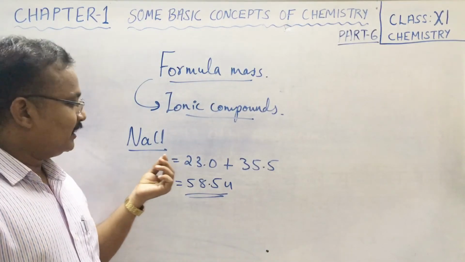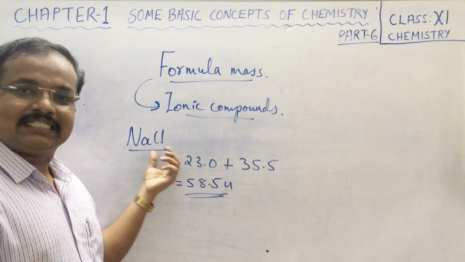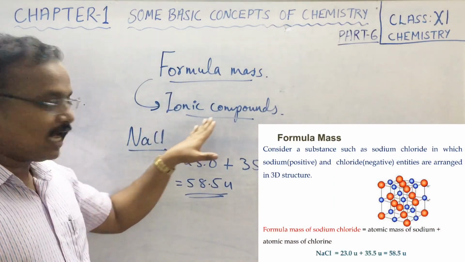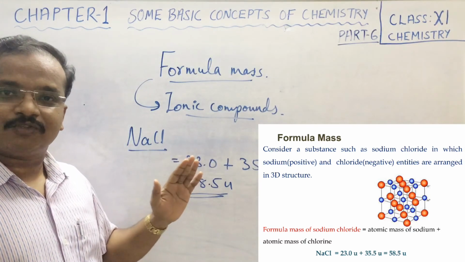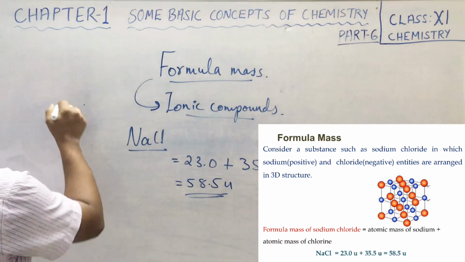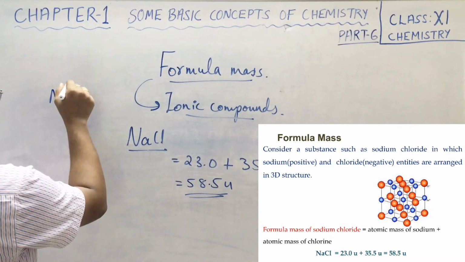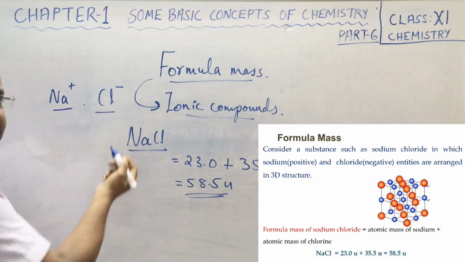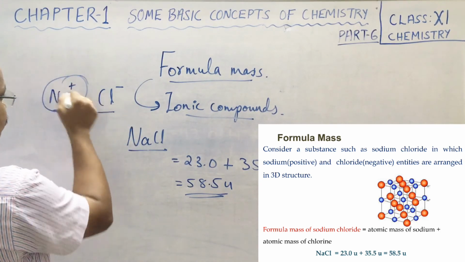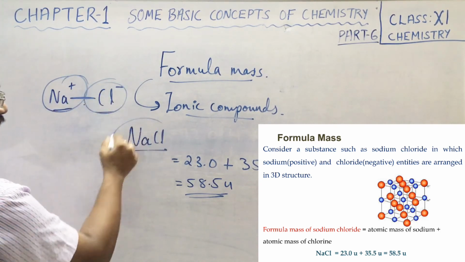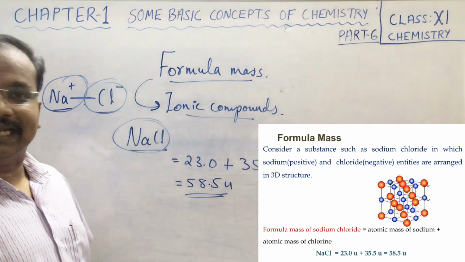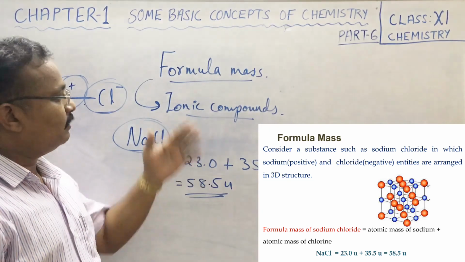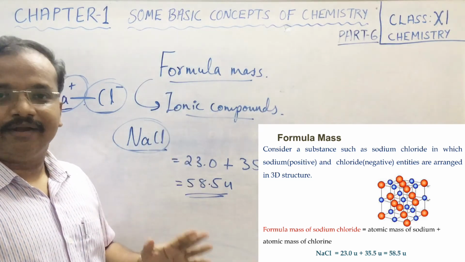The individual masses of each element are added. What are ionic compounds? When ions are joined together, like sodium losing its 1 electron to chlorine, so that Na positive and Cl negative are formed. Na positive combines with Cl negative to give an ionic compound like NaCl. It can be KCl or any other compound. So formula mass is the molecular mass of ionic compounds.